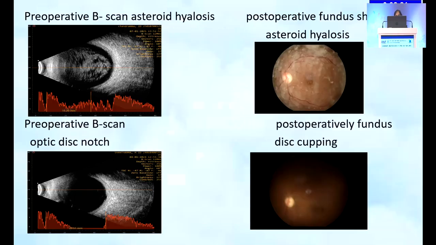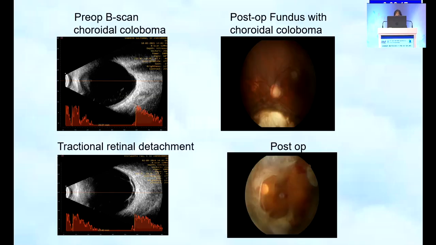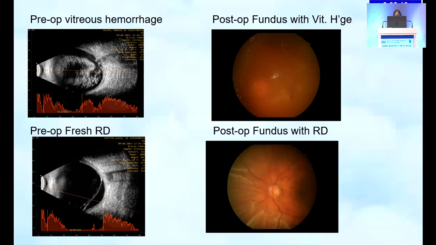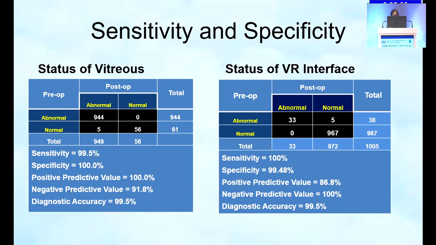Here, the sum of the fundi showing asteroid hyalosis, optic disc cupping, choroidal coloboma, tractional retinal detachment, vitreous hemorrhage with retinal detachment. Status of vitreous: the sensitivity is 99.5%, specificity is 100%, positive predictive value 100%, negative predictive value 91.8%, with diagnostic accuracy 99.5%.